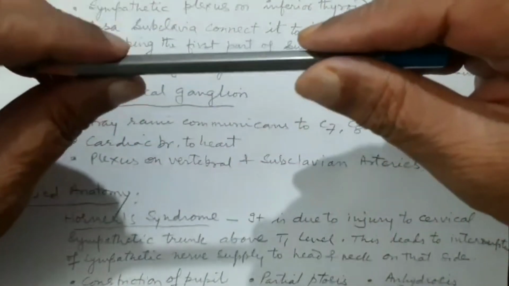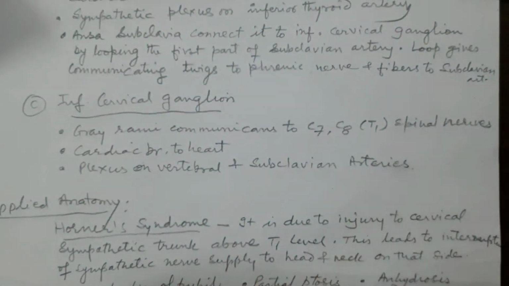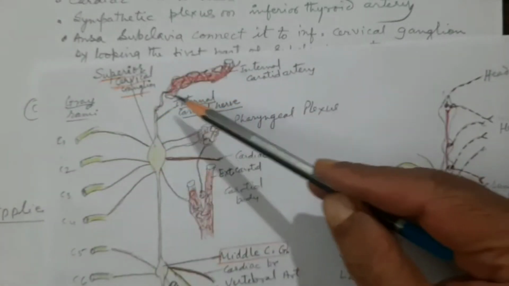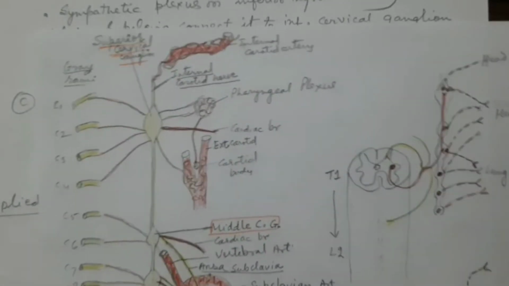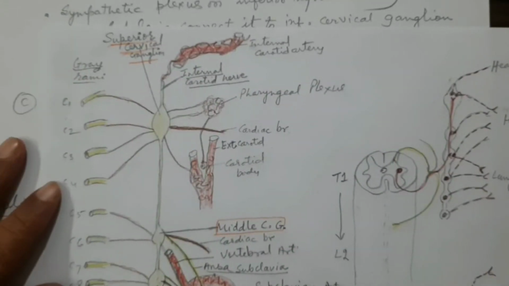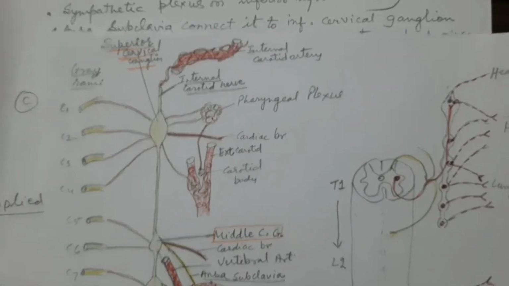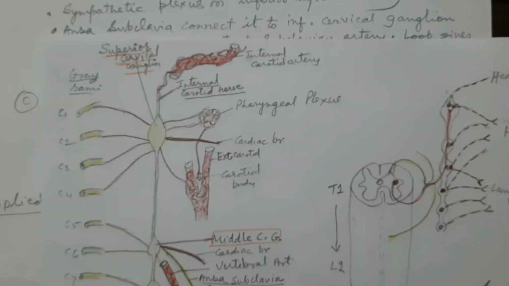This cutting of the sympathetic chain at the level of T1 will result in the interruption of sympathetic nerve supply to the head and neck, because most of the fibers from the superior cervical ganglia, along with the blood vessel plexuses, were going to the head and neck region. So the sympathetic supply to the head and neck will thus be interrupted.